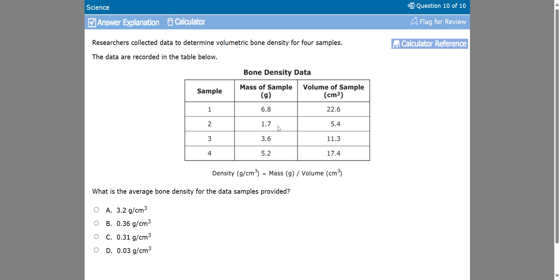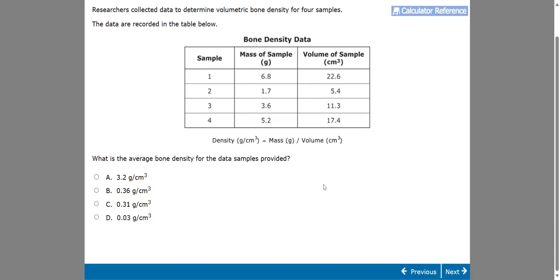And 1.7 divided by 5.4 would be the bone density for sample two. So watch out for those kinds of questions where you feel like you're able to determine the answer very quickly. Pause and really take a look at the question so that you are not jumping to conclusions far too quickly.